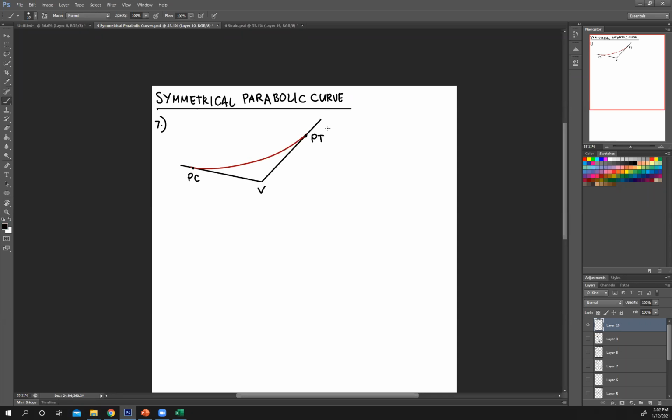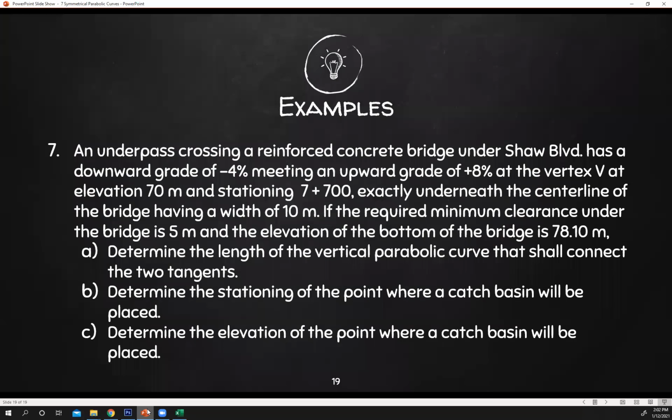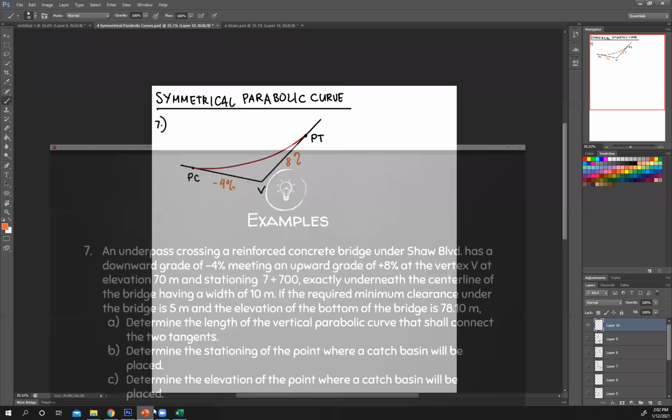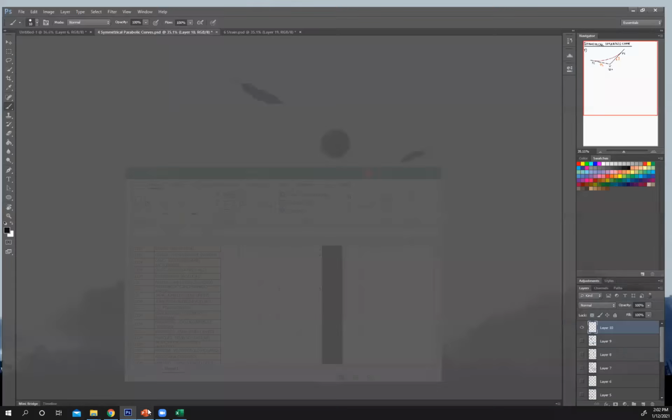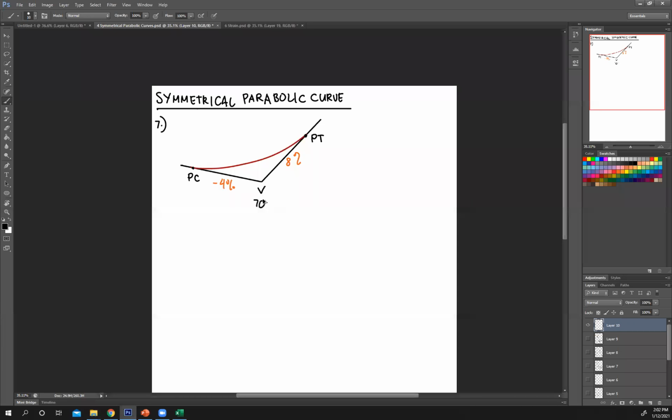PT. 4, 8. 8%. What else? Elevation and stationing at V, 70 and 7 plus 700.